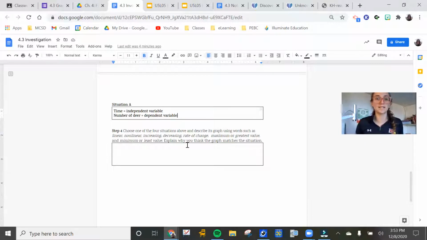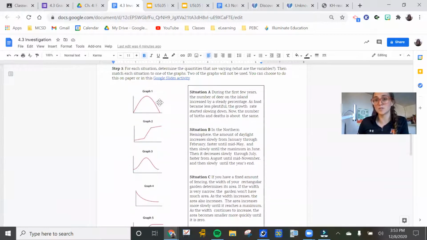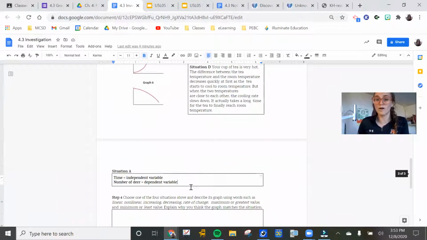So use words like linear, nonlinear, increasing, decreasing, rate of change, maximum, greatest value, minimum, least value, and explain why the graph matches the situation. So I'd suggest that you pause the video now and complete steps 3 and 4 of your investigation. And then come back and we'll continue going through our notes for lesson 4.3.